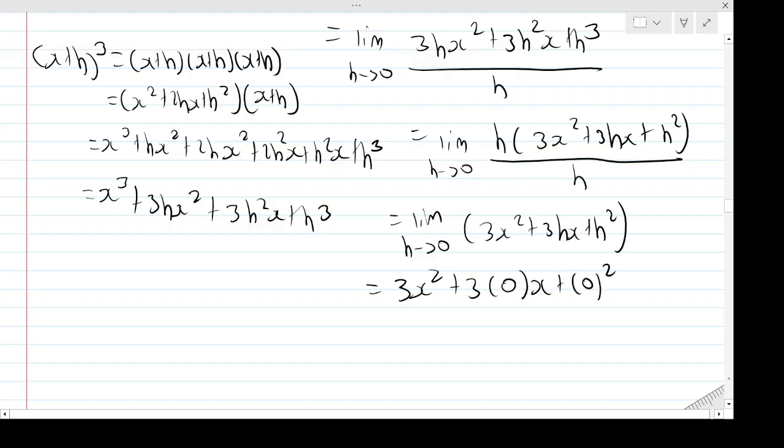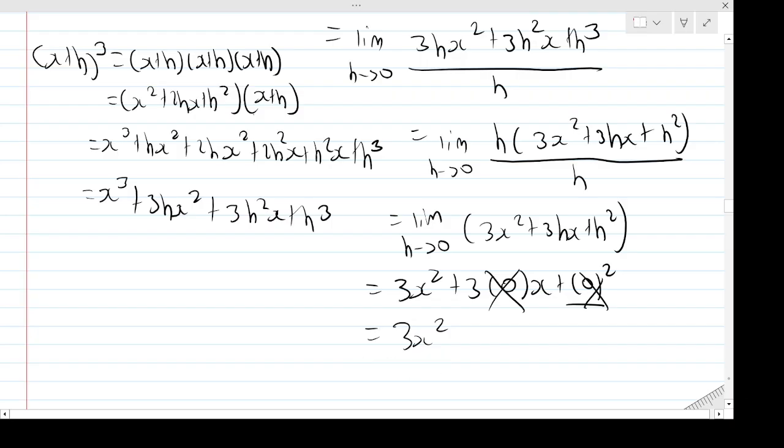Let's leave the x alone, but we can deal with the h. So I plugged in 0 for h here because that's when h is going to 0. Well, then I get 3x squared, but 3 times 0 is just 0, so that goes away, as does this. That all goes to 0.